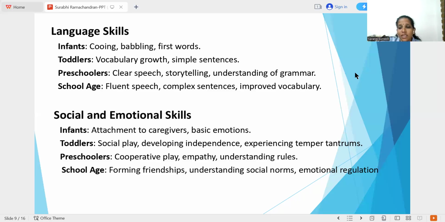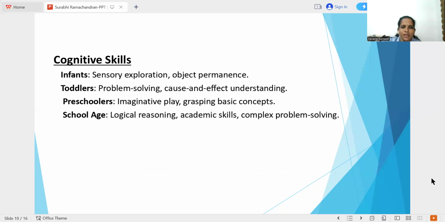Temper tantrums are seen in toddlers. Maybe one important question is: temper tantrums are seen in which age group? Toddlers usually. Preschoolers: cooperative play, empathy and understanding rules. School age: forming friendships, understanding social norms and emotional regulation. These are the main social and emotional skills in different age groups.